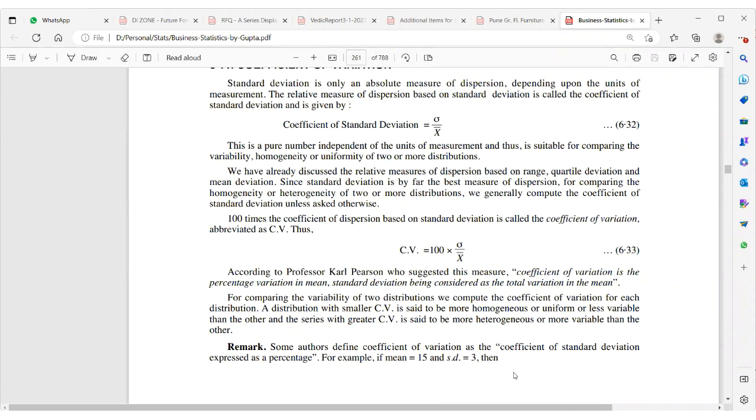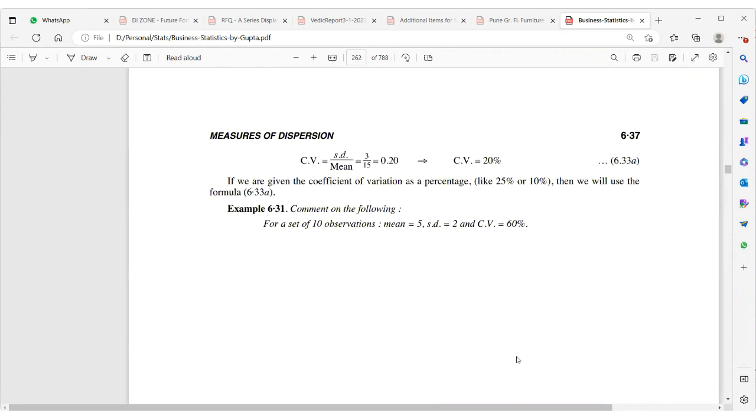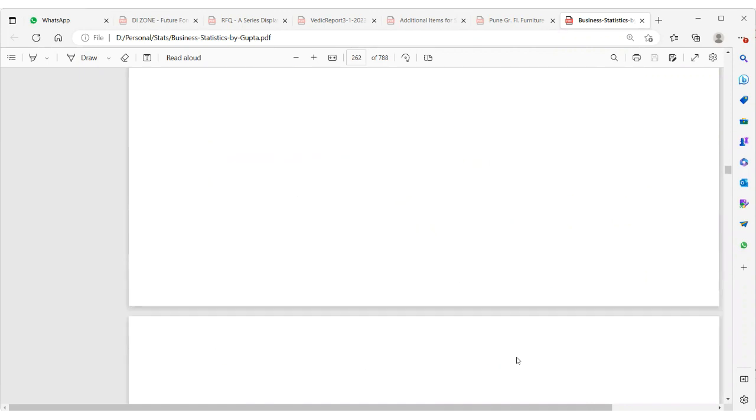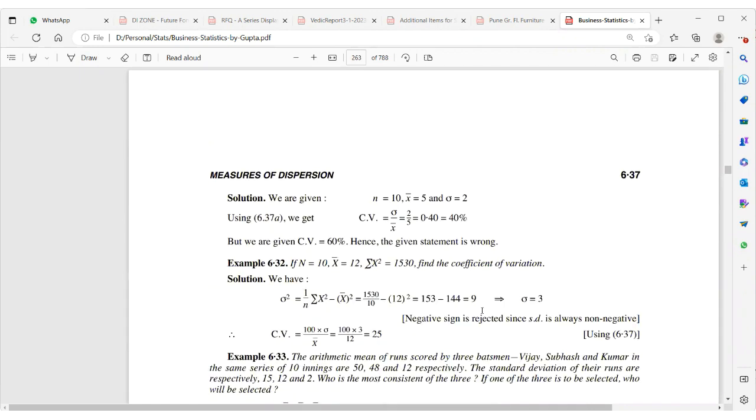Let me take the scores of these two batsmen. Virat Kohli comes and tries to score as much as possible.